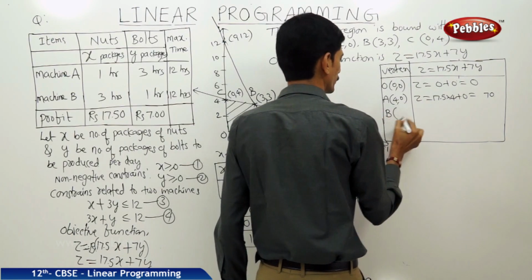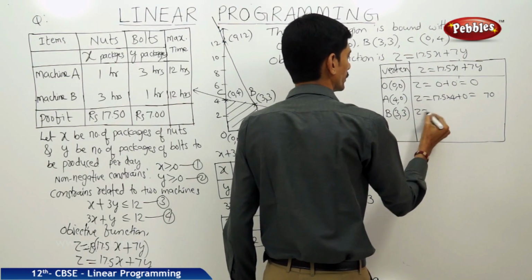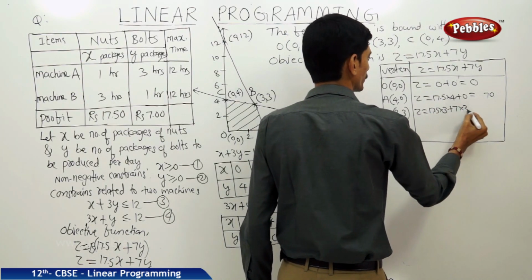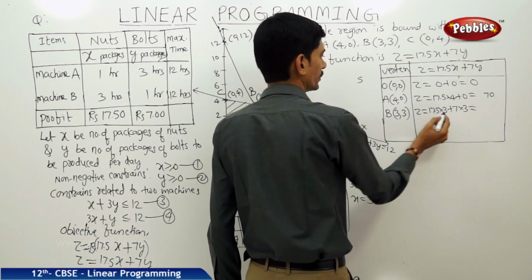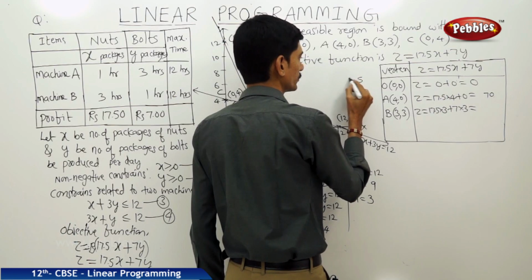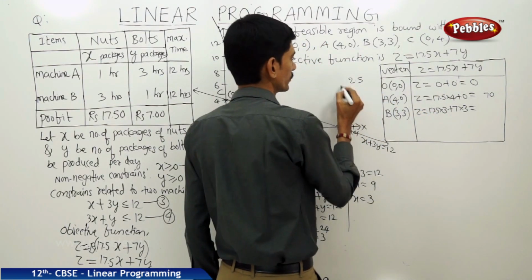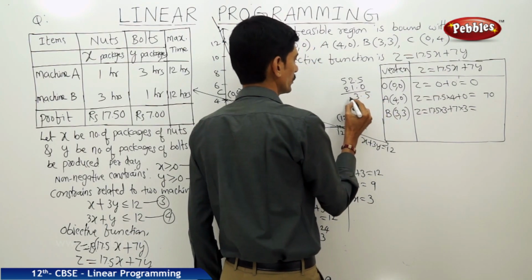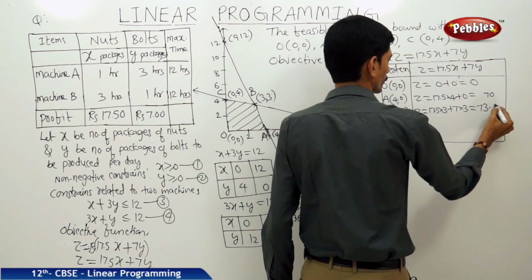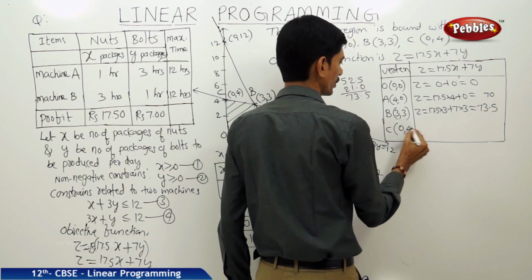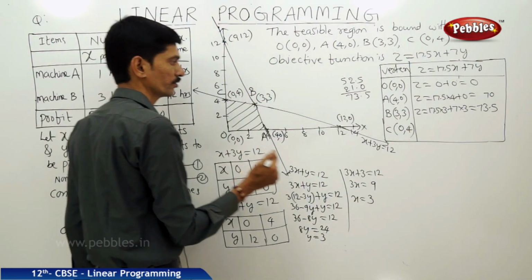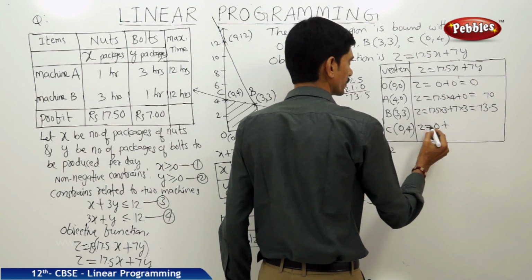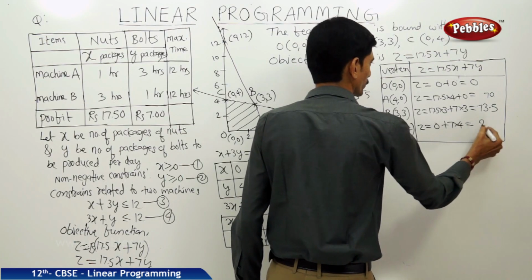At B 3, 3, Z equal to 17.5 into 3 plus 7 into 3. 3 5s are 15, 3 7s are 21 plus 1 is 22, 3 1s are 3 plus 2 is 5, then 7 3s are 21, so 73.5. At the fourth vertex C 0, 4, Z equal to 17.5 into 0 plus 7 into 4 equal to 28.